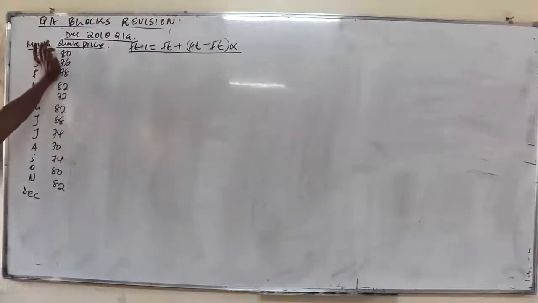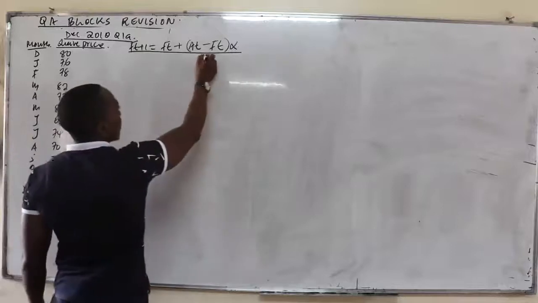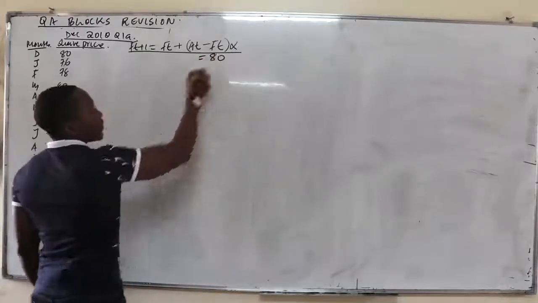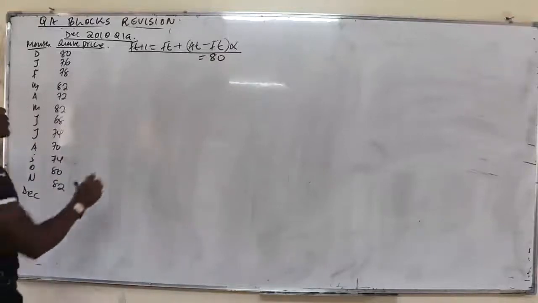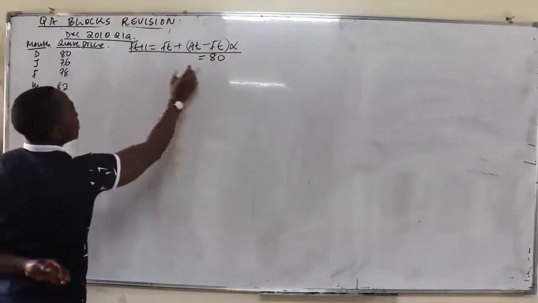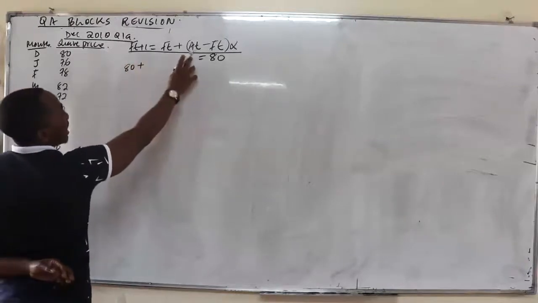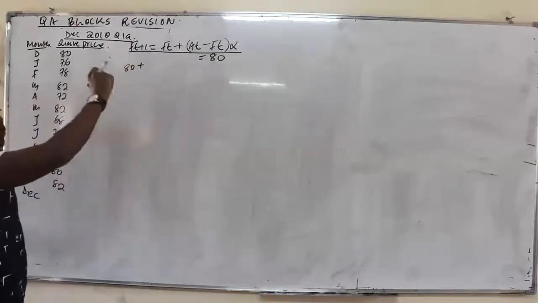The first one, for December, does not change, it will be 80. Then we forecast for the next month. You take Ft, which will be 80, plus alpha times 80, the actual for the previous period.